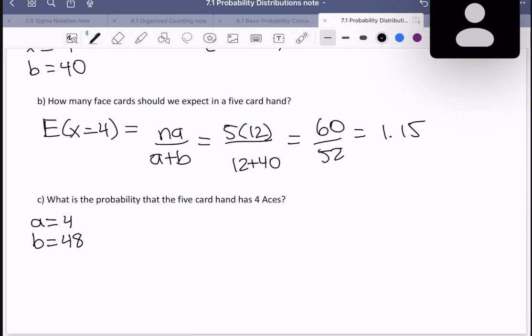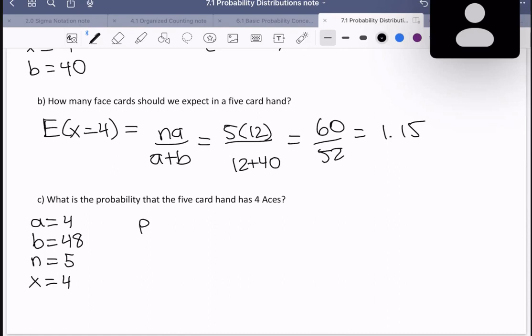And what else? How many trials are we doing? We're doing a 5-card hand, so N would be 5, because we're drawing 5 cards for our hand. And then X, what would X be? X would also be 4 because we want 4 successes.